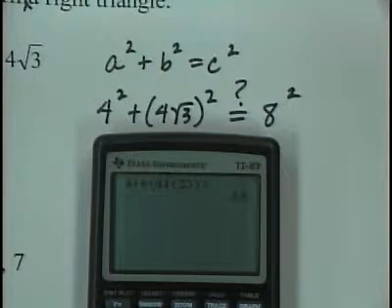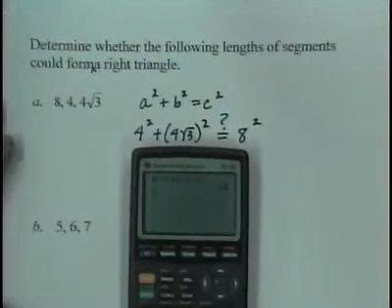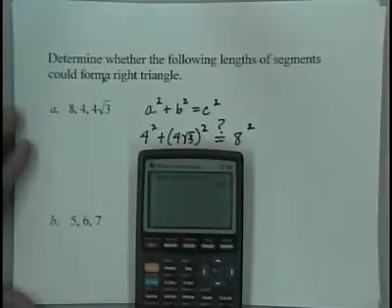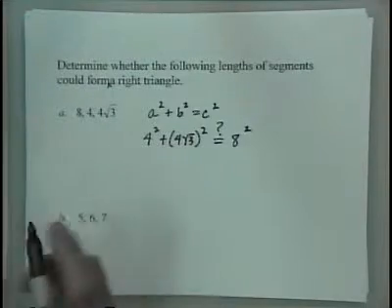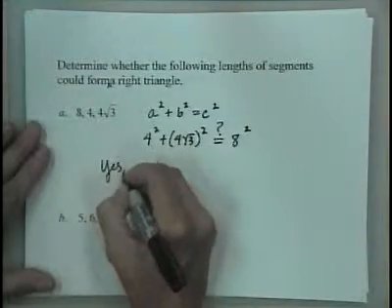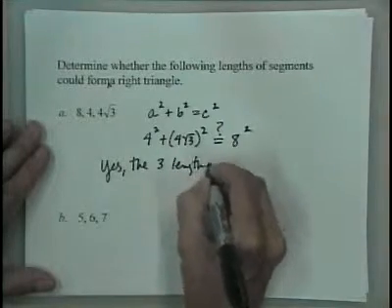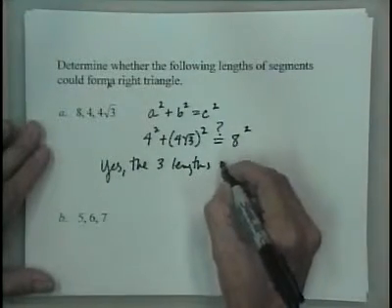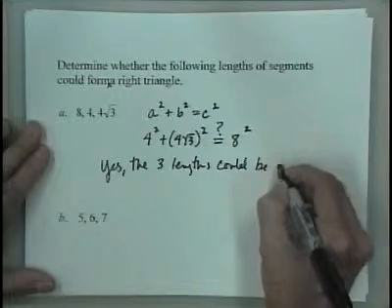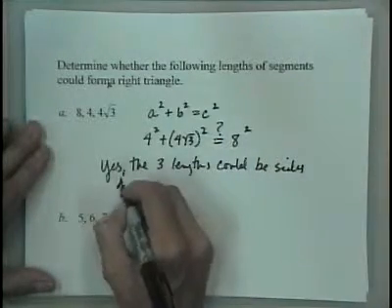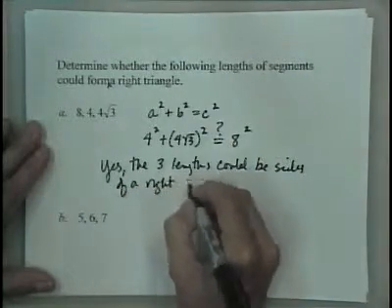That's 64, and I know 8 squared is 64. I don't need a calculator for that. And so these 3 lengths could form a right triangle. Yes, the 3 lengths could be sides of a right triangle.